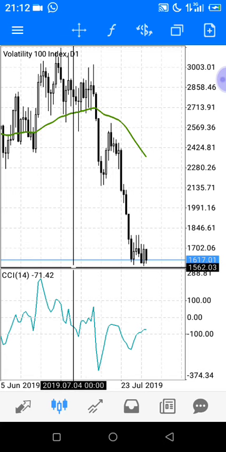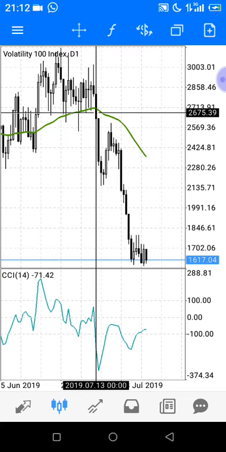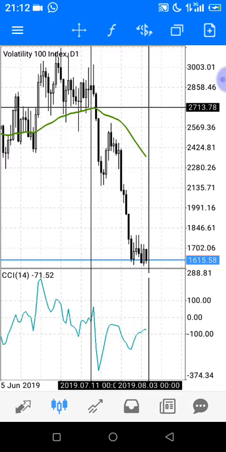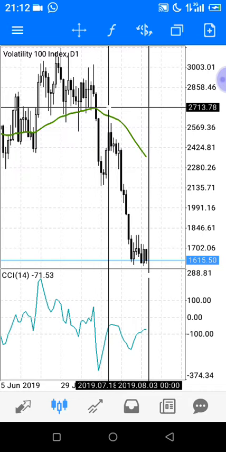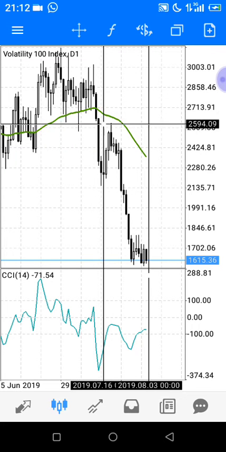So I'm just going to look at this first example. As you can see here, this was on 13 July 2019. You can see that the candlestick was bearish and it closed below our EMA 60, and you can see the following day.